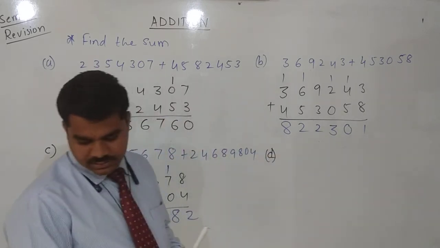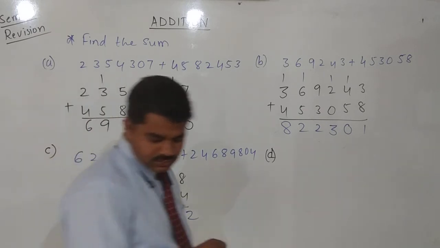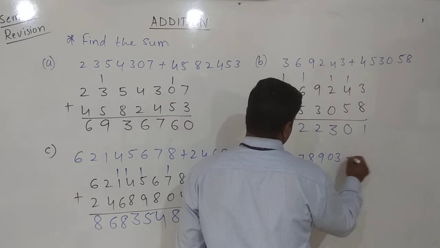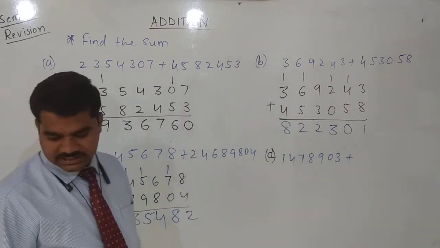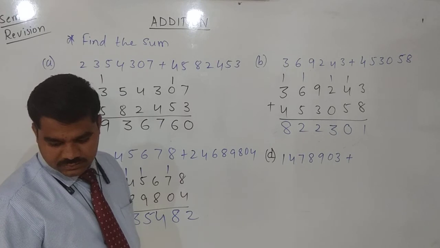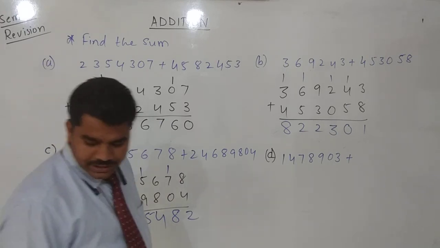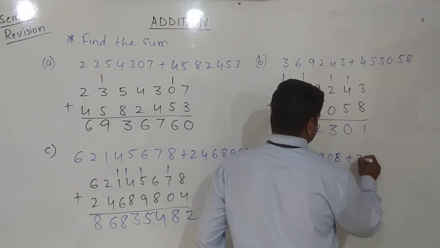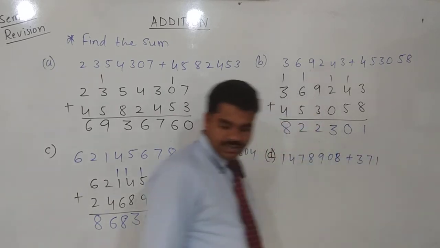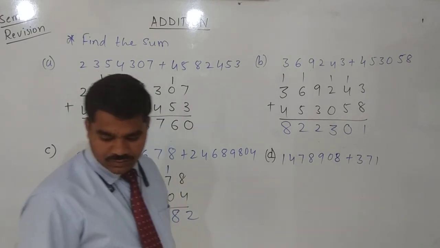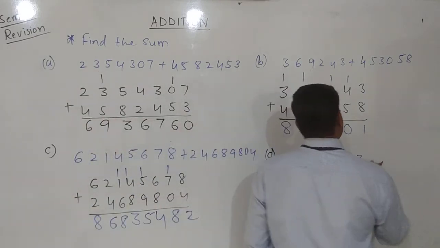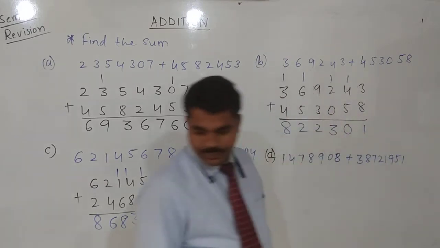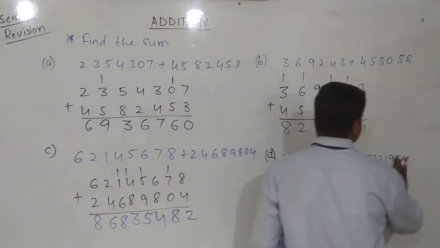B. The numbers are 908, 371, 38721, 38721 951, 945.